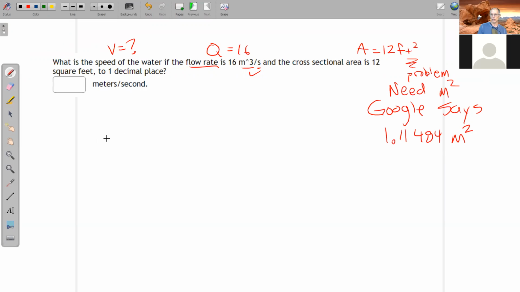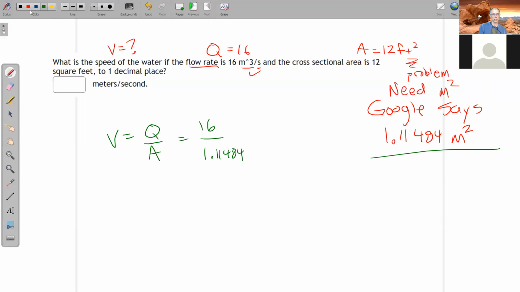We solved that formula before that said V is equal to Q over A, right? That was that second part that we did. Our Q is 16, and our new correct A is 1.11484.